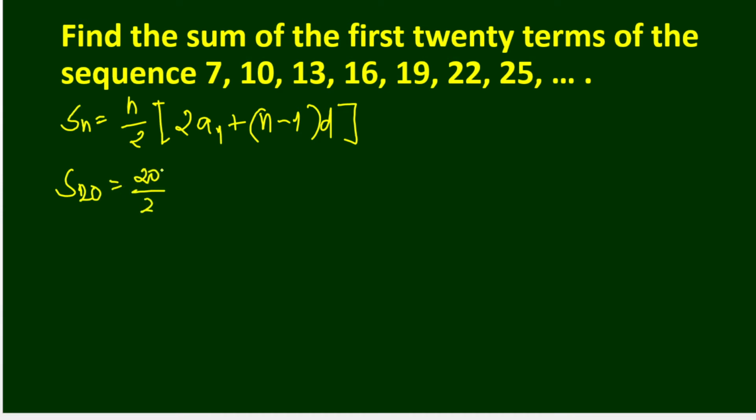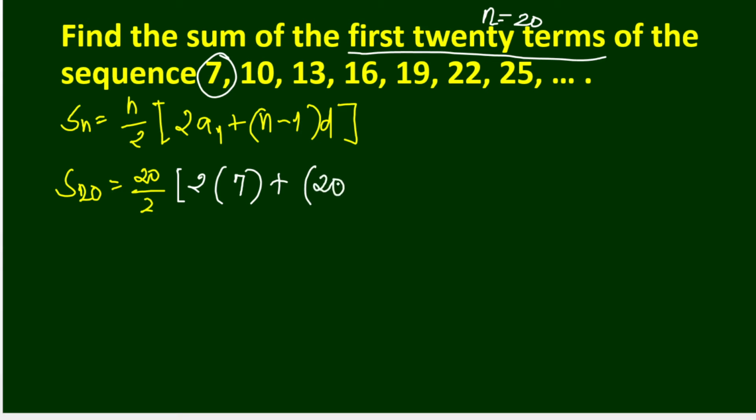Where did we get this 20? From the given in the problem. It says first 20, so our n is 20. Times 2 times a sub 1, which is 7, our first term, plus n, which is 20 again, minus 1, times the common difference, which is 3.